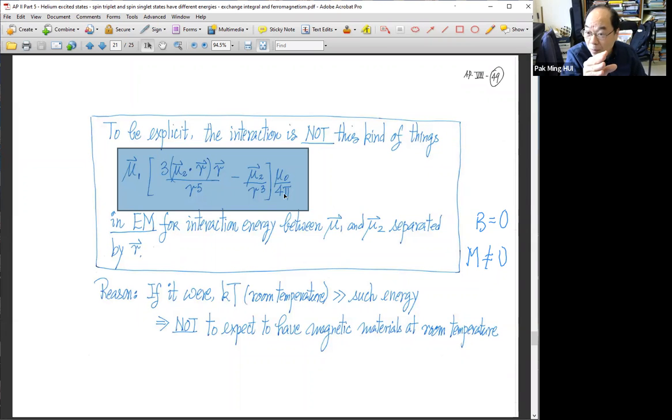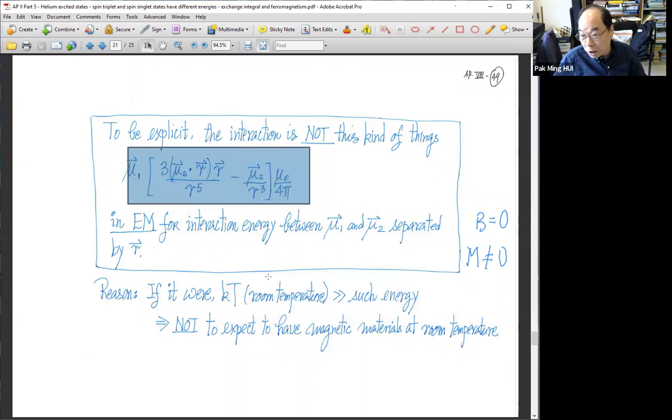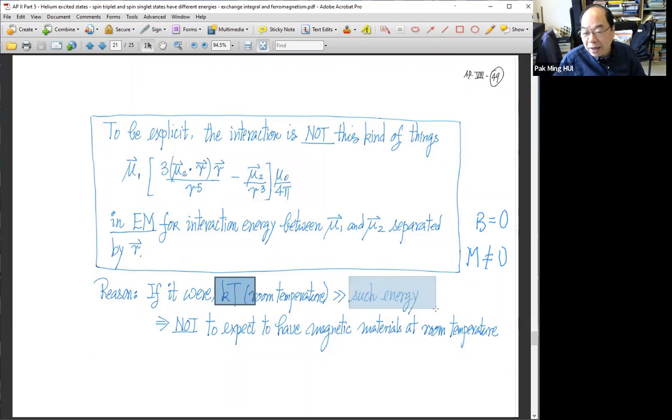What do I mean by too small? If I use kT of room temperature, that is already much bigger than this particular energy. Therefore, in the competition, thermal physics, kT competing with some energy in your system, kT wins.